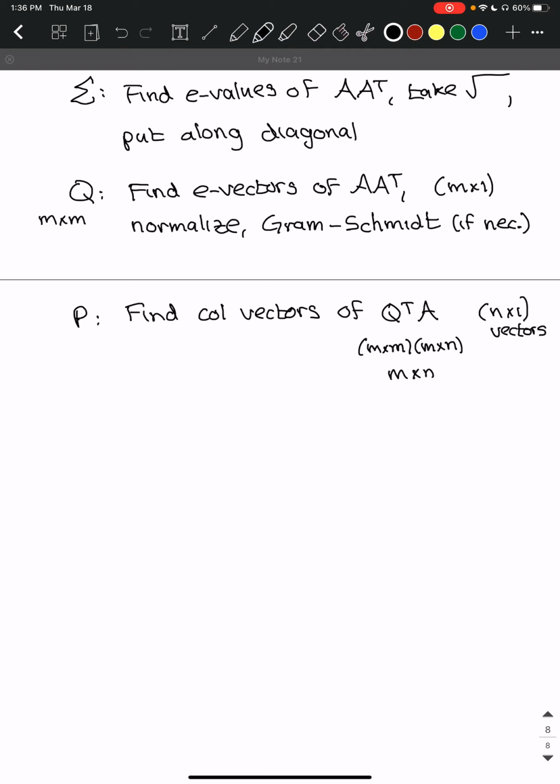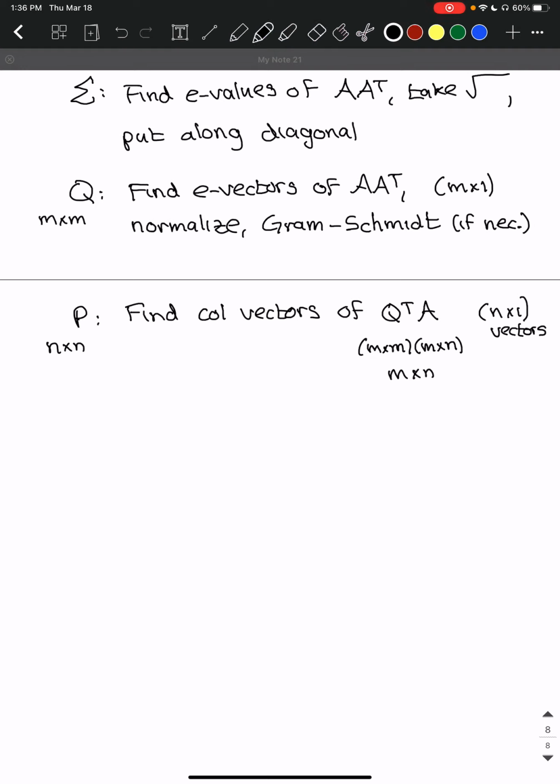So I know I can use them to fill P because P is N by N, which is exactly what we need. And we're essentially going to trust the fact that we're working with a really nice symmetric matrix, that this will give us the vectors we need.